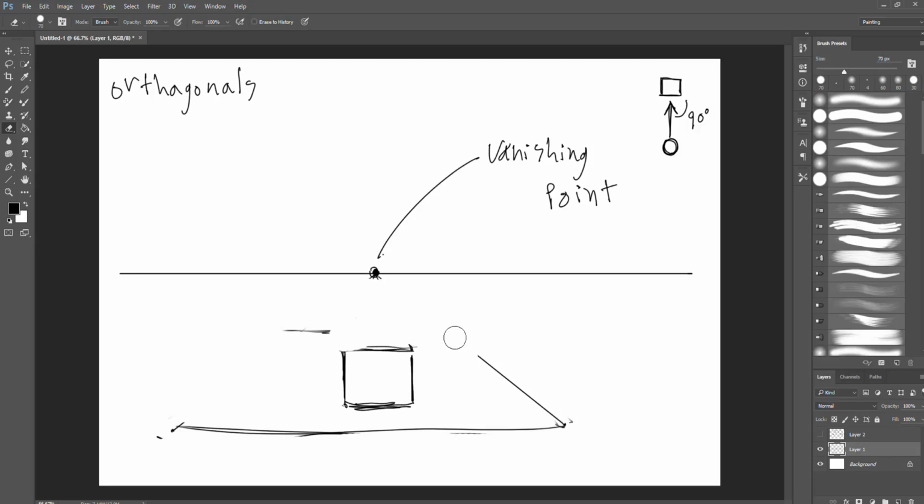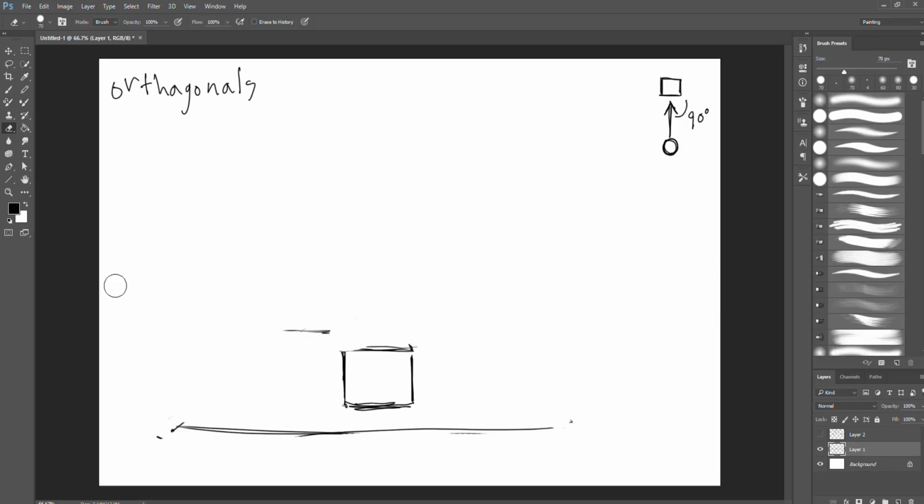So let's do a little example where I'm going to keep these objects right where they are. And let's assume that now I've stood up. And so now my eye level has raised a little bit.